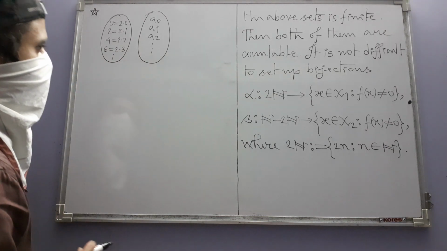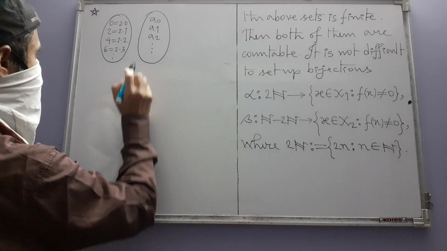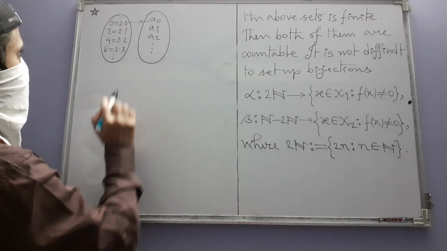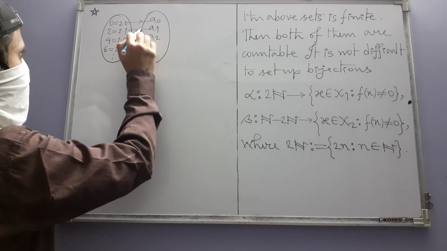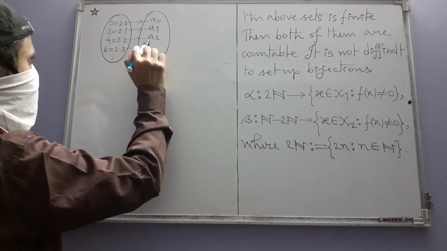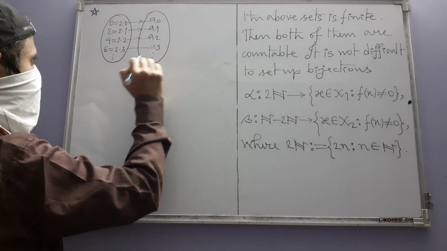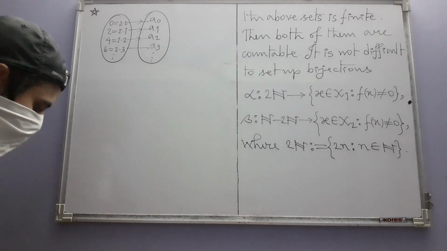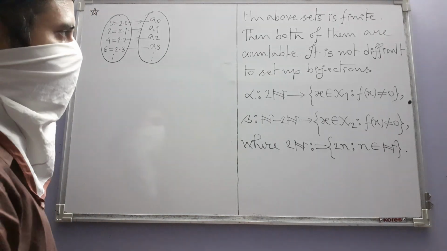So in order to set up this alpha, you map 0 onto A0, 2 times 1 onto A1, 2 times 2 onto A2 and so on. So that's how you can set up a bijection.